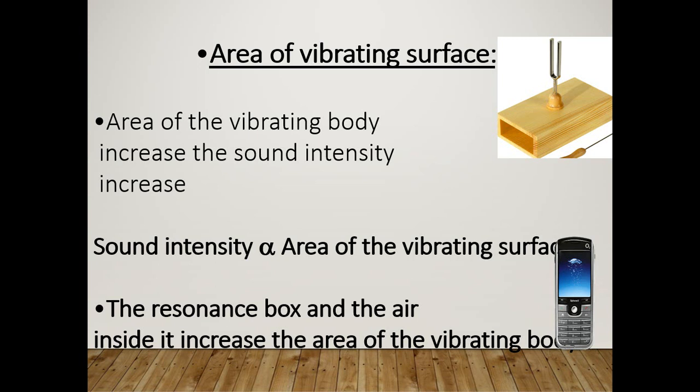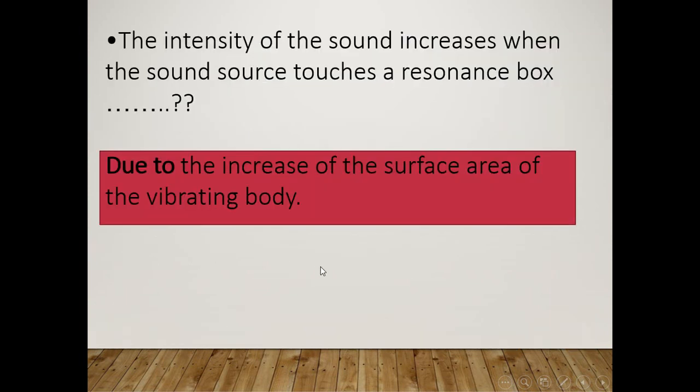Because the area increased, so the sound intensity is increased. Also, instead of a mobile phone, putting a tuning fork will also increase the sound intensity. So when I ask you why the intensity of the sound increases when the sound source touches a resonance box, it is due to increasing the surface area of the vibrating body.